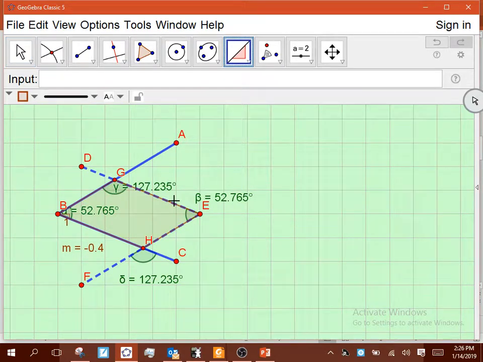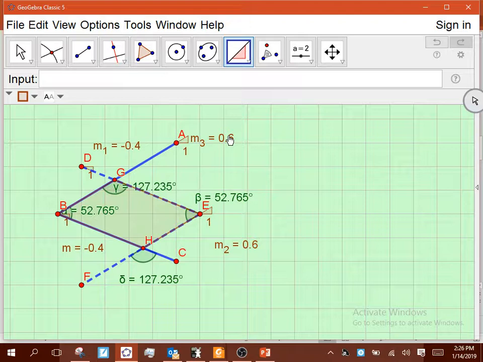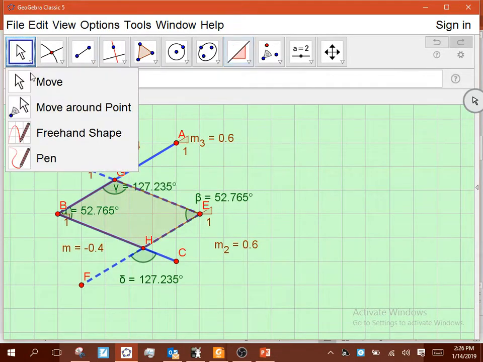This slope here, again, negative 0.4. This slope here, 0.6. This slope over here, 0.6. Does that make sense, everybody? So just by looking at the angles and forcing the angles to be opposite and congruent, both pairs, it automatically makes the opposite slopes congruent, or equal slopes.